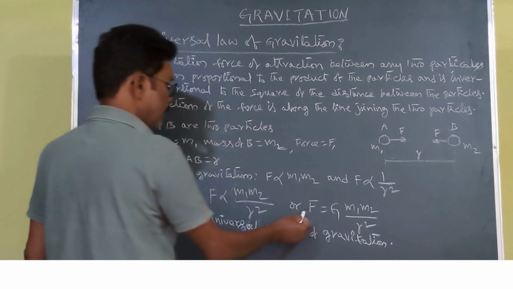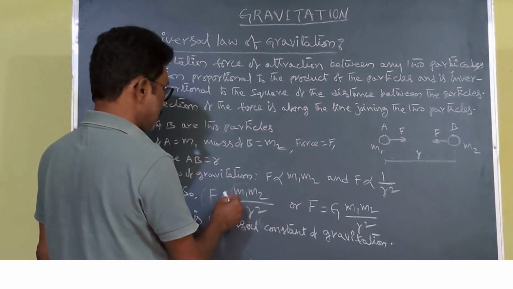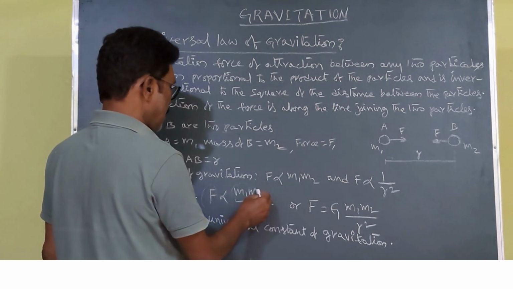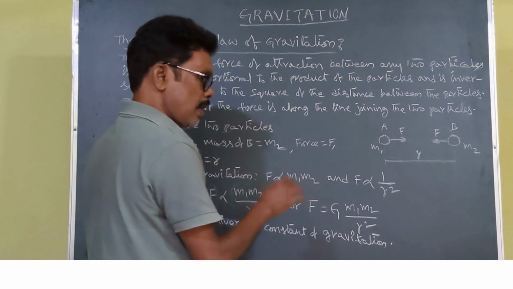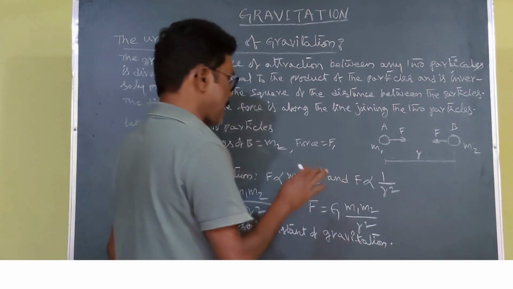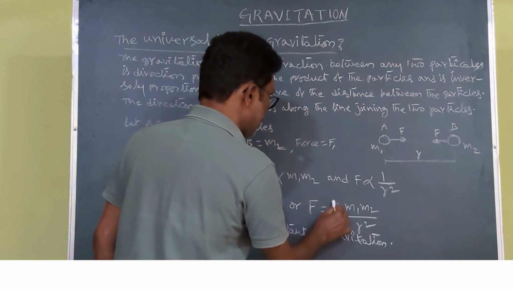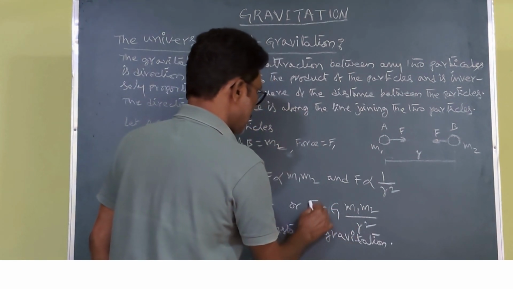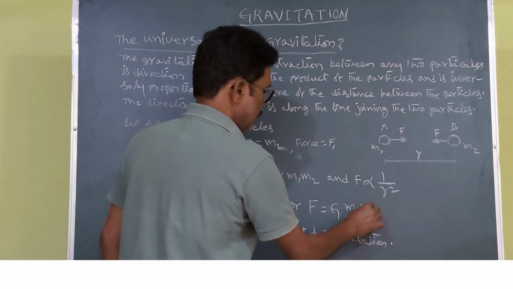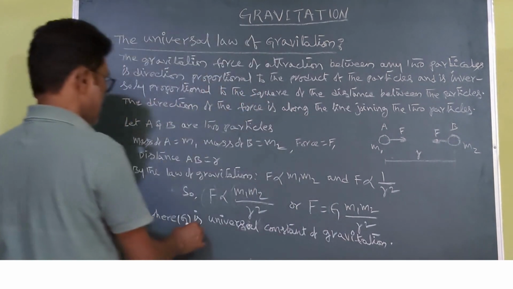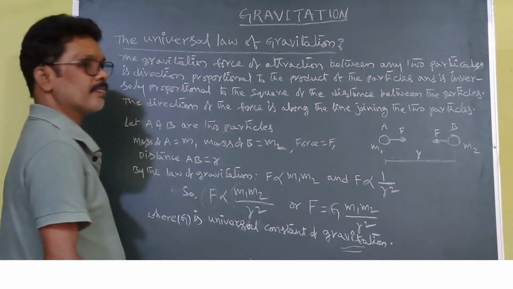If we remove the proportionality and make F equal to M1 M2 divided by R square, obviously some other factor is influencing, so I would like to write that factor as G. Therefore the force F equals G into M1 into M2 divided by R square, where G is the universal constant of gravitation.